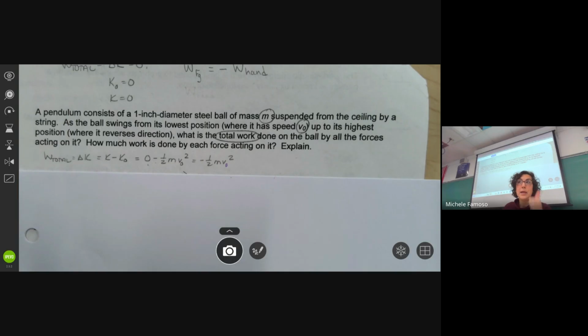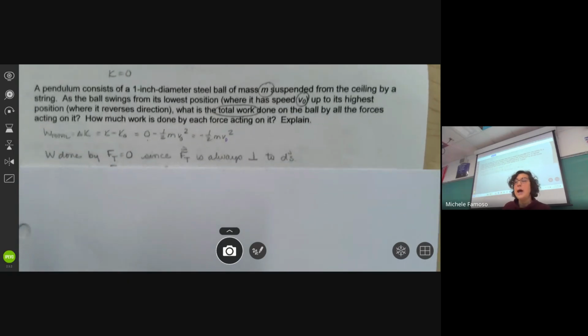Olivia? Gravity and tension. Let's start with the amount of work done by the tension force. That one's the easy one. How is the tension force directed compared to the velocity? Perpendicular. So how much work can the tension do? 0.